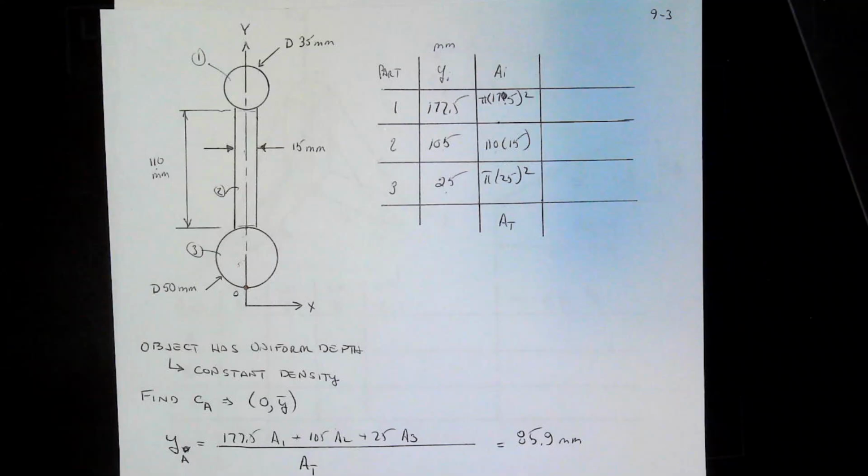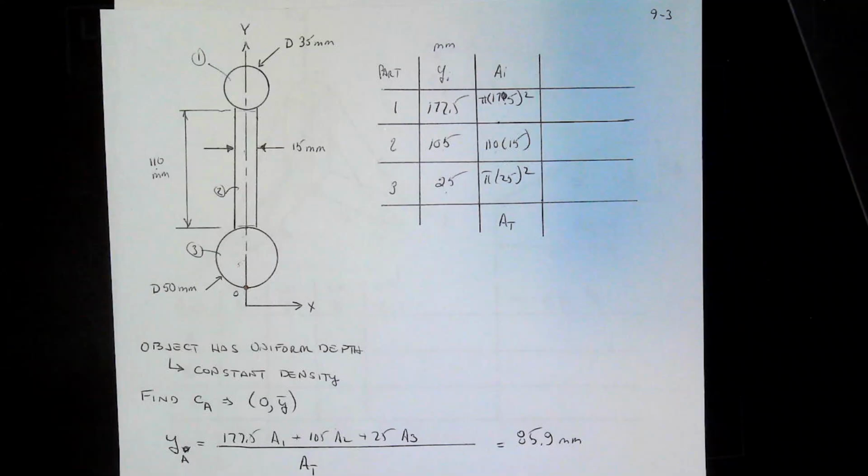We'll make that a little bigger to start. What we want to find for this problem is the center of area. Since this is all the same material, if we find the center based on the areas, because it's all the same density, you would have the same center of mass, center of weight, center of gravity.